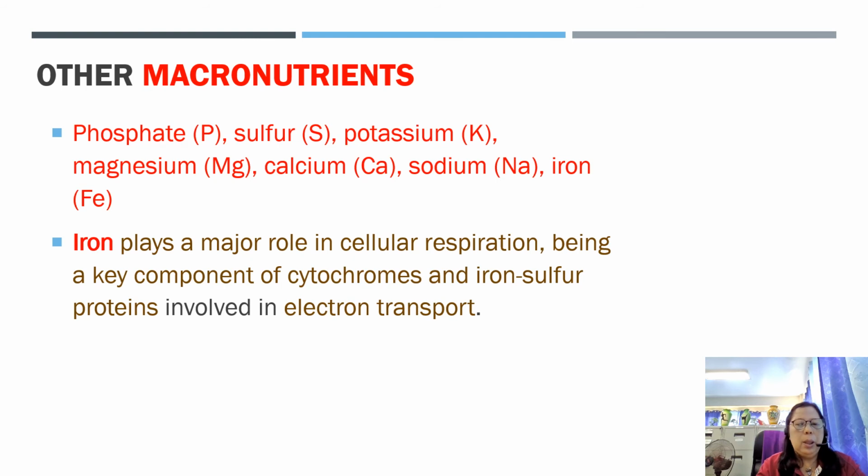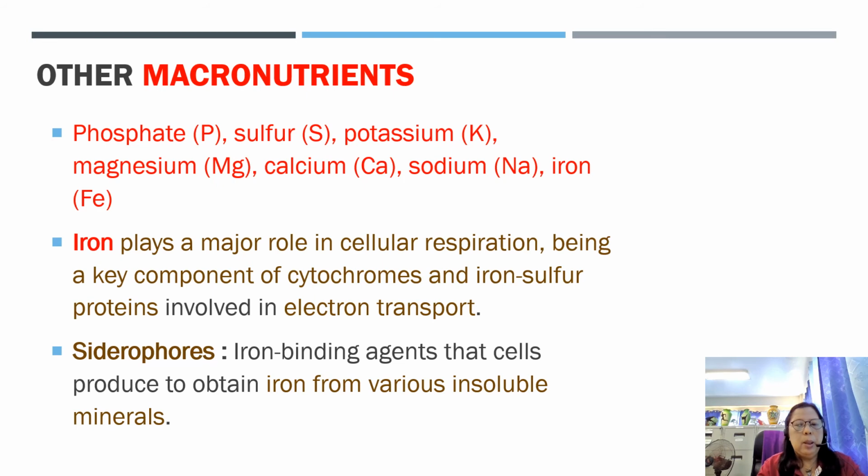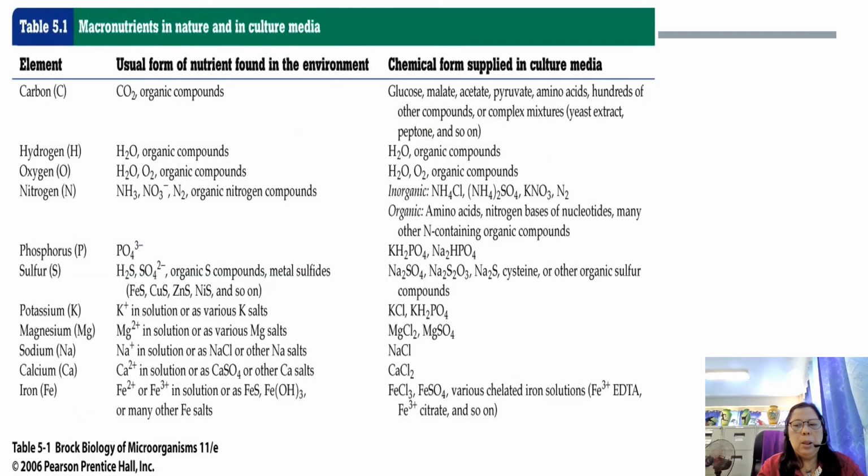Iron plays a major role in respiration, and sometimes there are microorganisms whose appendages were given color because of the presence of iron, colored brick red or orange or red or brown. Then we have siderophores. They're iron-binding agents that cells produce to obtain iron from various insoluble materials.